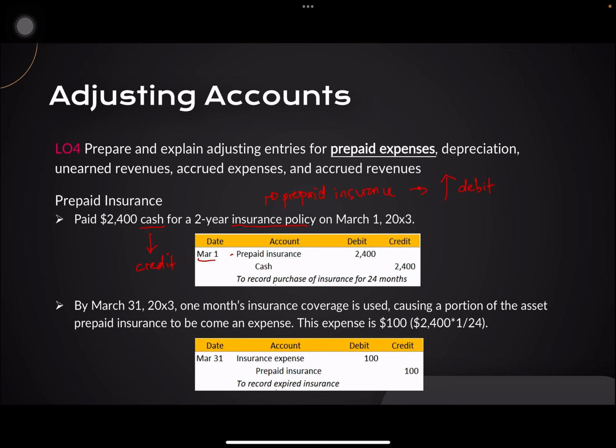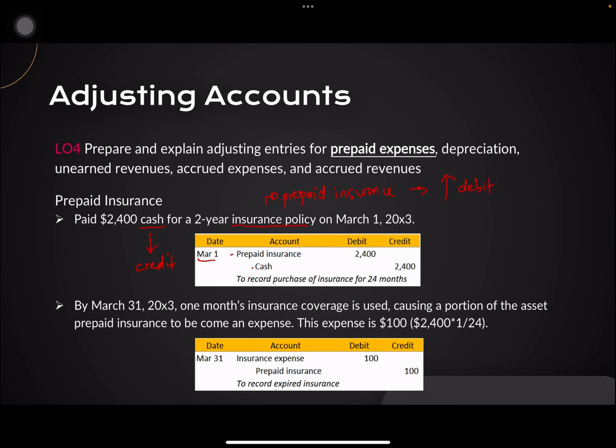And then put the amount of the insurance, which in this case is $2,400. So put it on the debit side. And we will credit cash because our cash decreased as a result of our purchase. That's why our cash here is indented to the right. And then also put the amount of cash that we spent on the insurance policy, which is the same amount, $2,400.